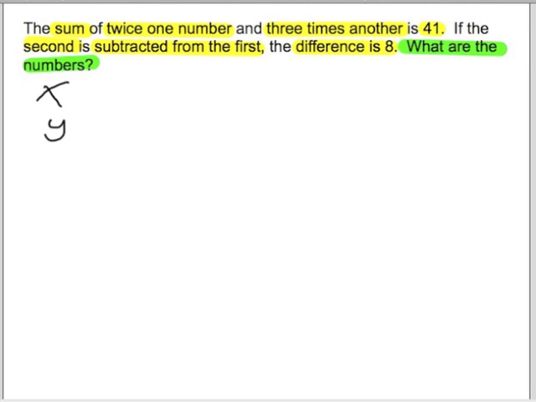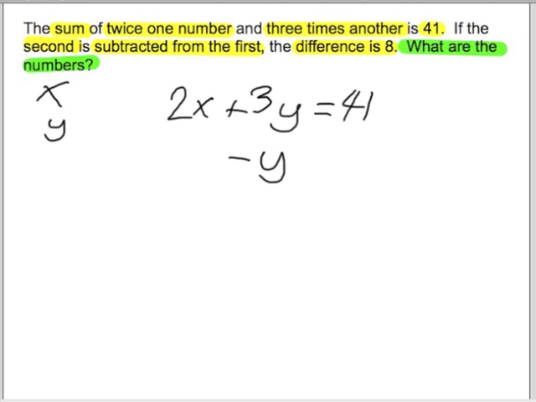The sum of twice one number, 2x, and 3 times another is 41. If the second number is subtracted from the first, we get a difference of 8.